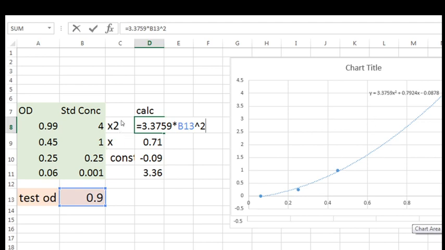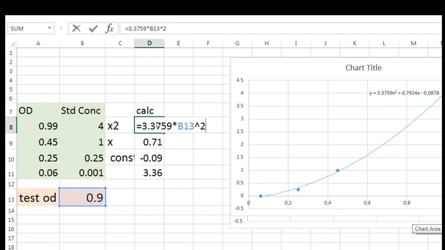So here I'm using x squared, and I'm using a calculation where I'm going to fill the OD, and the value of x squared equals 3.3759 into the OD. So this is 3.3759 into B13, which is this, squared, the whole square of that.